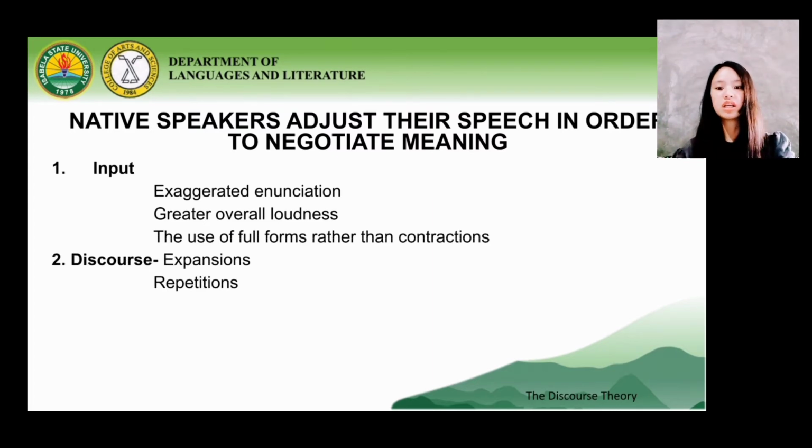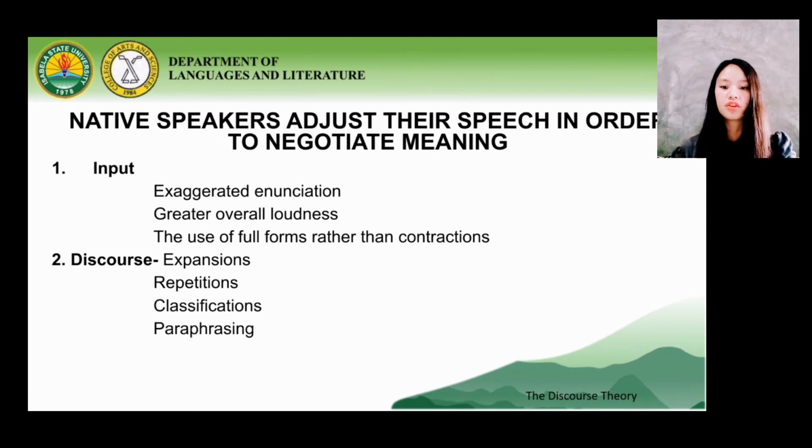And in discourse, it is the expansions, repetitions, clarifications, and paraphrasing, as well as topic simplification. So we all know that expansions means you are expanding from the word itself. Repetitions means repeating certain words. Another one is the clarification. I know you are already familiar with this.